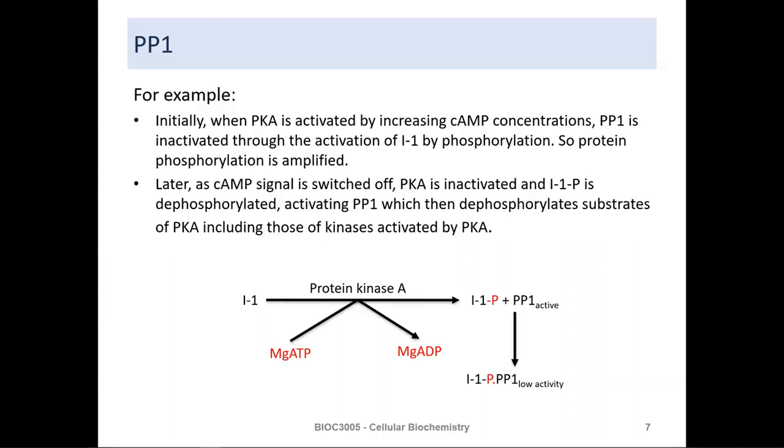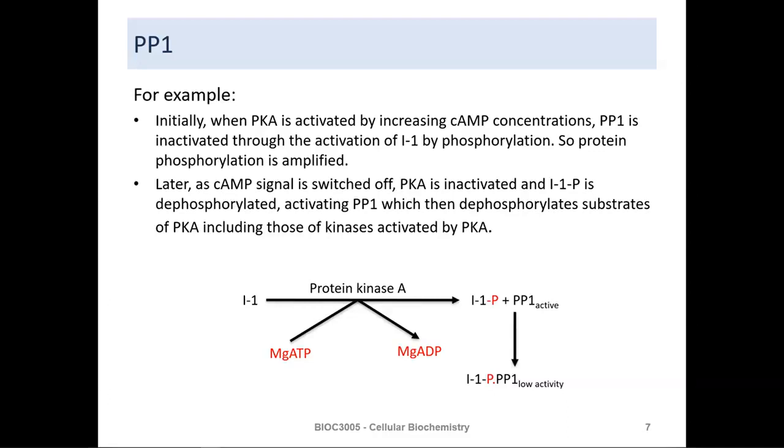Later, when the cyclic AMP signal is switched off, the protein kinase A will become inactivated, and the inhibitor 1, which has been phosphorylated, will be dephosphorylated. This then activates protein phosphatase 1, which can go on to dephosphorylate the substrates of protein kinase A, which includes any of those kinases that have been activated by PKA.